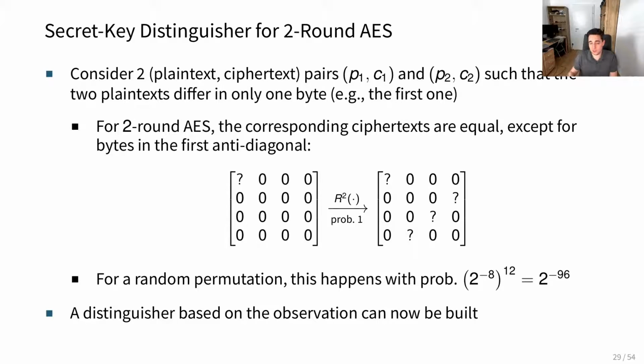We know that for AES, after 2 rounds, there are zeros at these positions, while for a random permutation, the probability that all these byte values are 0 is of course 2 to the power of minus 8, the probability of a single byte value being 0, to the power of 12, because we have 12 zeros here, so 16 minus 4. This is 2 to the power of minus 96, which is much lower than 1, which means that we can easily distinguish 2-round AES from some other pseudo-random permutation with only one plaintext-ciphertext pair with high probability.